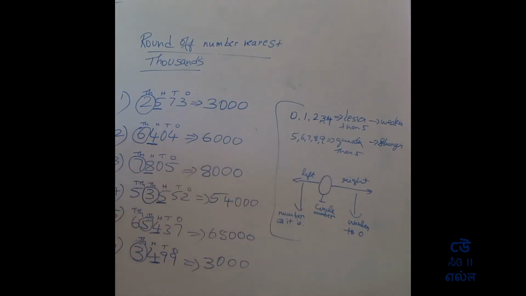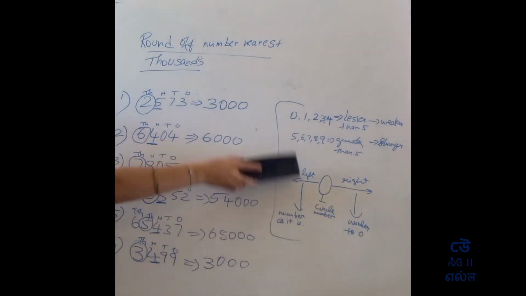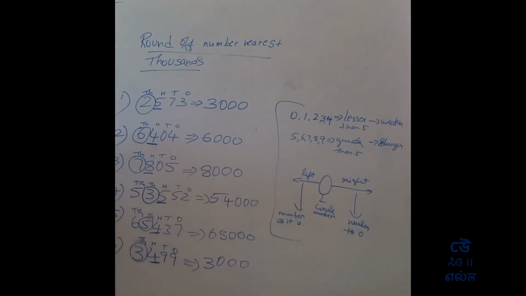And the left side of the circle value, we have to write that number as it is. The right side of the circle value, we have to consider those numbers as 0. Okay, this is very important, you have to keep it in your mind.